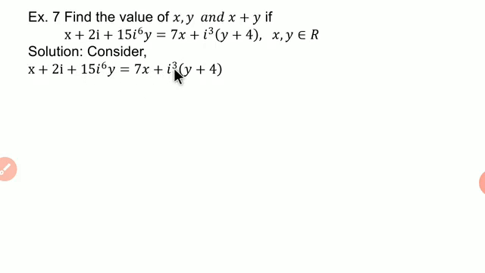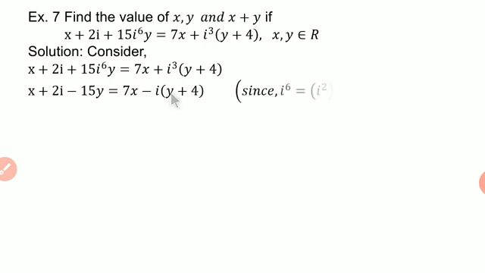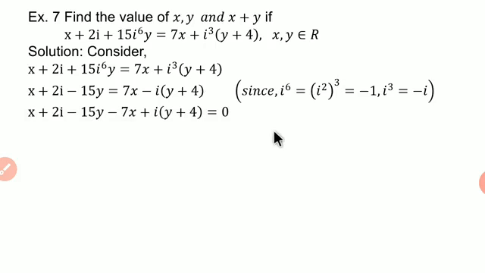Again the value of i cube is minus i, so it becomes minus of y plus 4 into i. And hence we get x plus 2y minus 15y is equal to 7x minus i into y plus 4. I raised to 6 is minus 1 and i cube is minus i. Therefore x plus 2i minus 15y minus 7x plus i into y plus 4 is equal to 0.